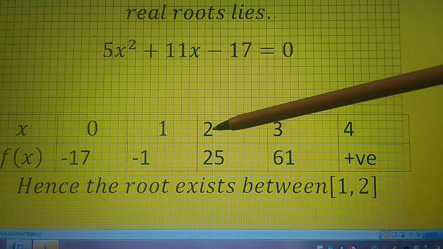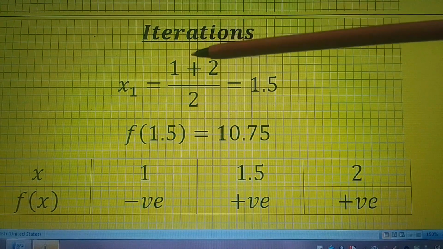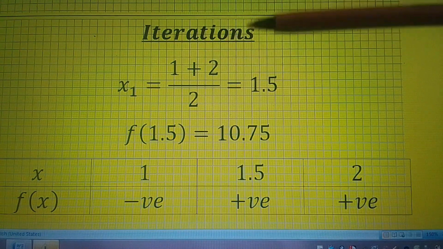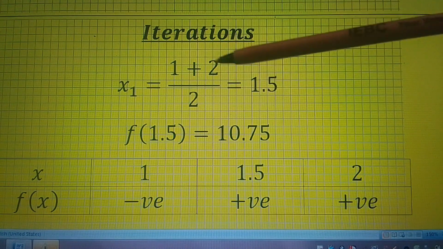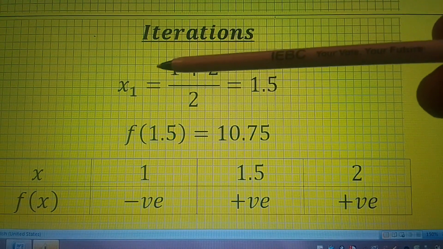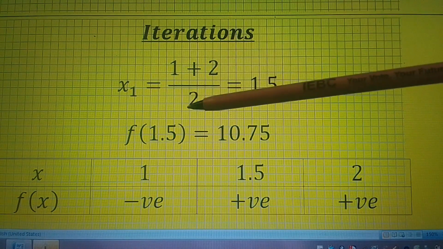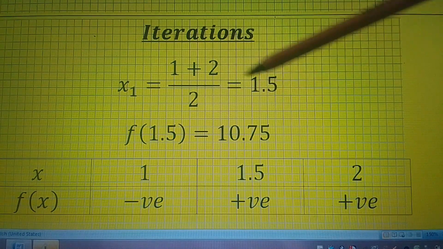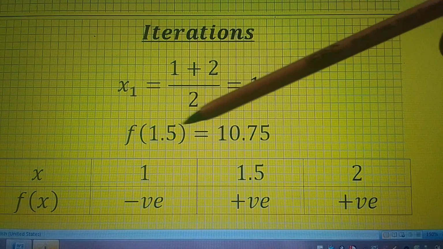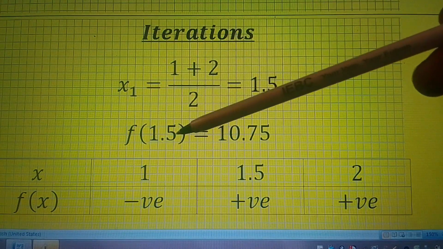Hence, the root exists in the interval [1, 2]. Having found that the root exists between 1 and 2, we can now carry out the iterations. x1 is 1 plus 2 divided by 2, which gives us 1.5. What is f of x1, that is f of 1.5?